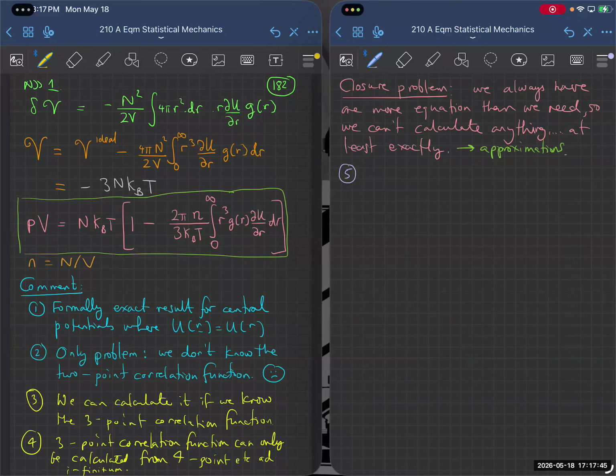Here is a simpler way to write the 2-point correlation function. I'm used to calling it 2-point correlation function, but the way we've implemented it here, it's really the pair distribution function.